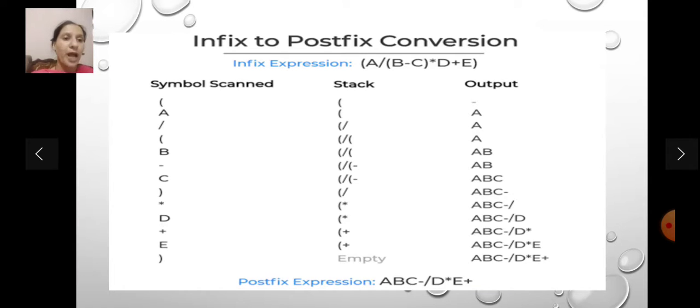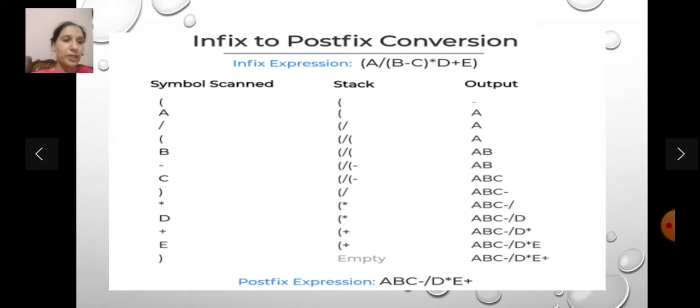Then we enter plus, so in the stack we have an opening bracket and plus sign, and in output we have abc minus divide d multiply. Then we enter e. Again the push operation is performed, and in the stack we have bracket plus, and in output we have abc minus divide d asterisk e. Then we scan the closing bracket and the stack becomes empty.